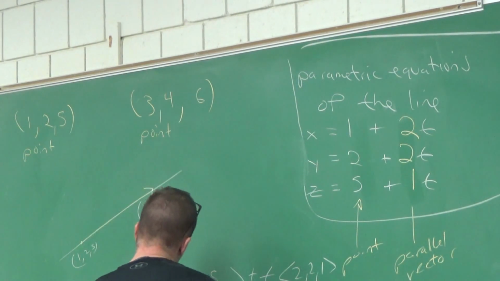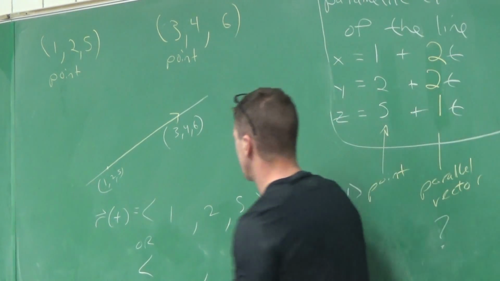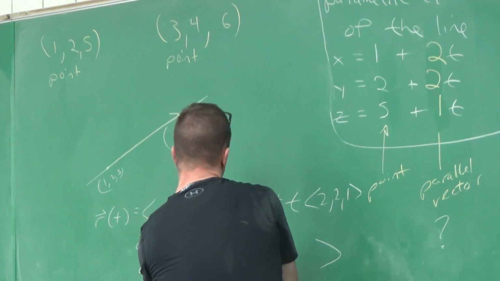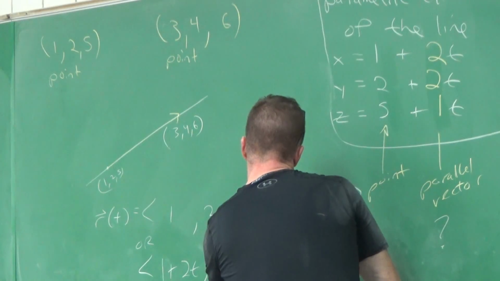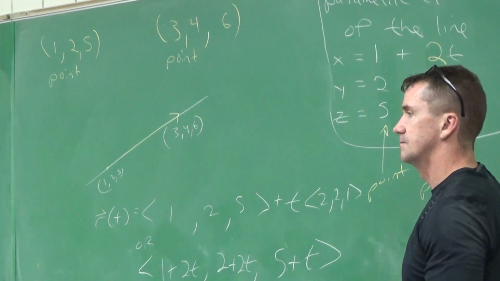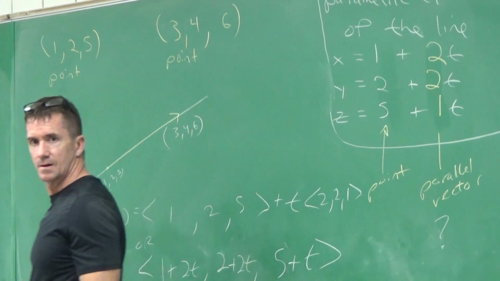Most students like to write it as one x, y, and z component, like here. What's here? 1 plus 2t, 2 plus 2t, and what's the last part? 5 plus t. So the bottom part we call it like a vector equation of the line, and that one is parametric equation of the line, right?